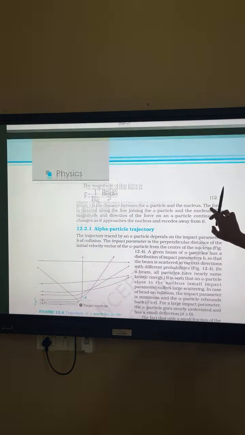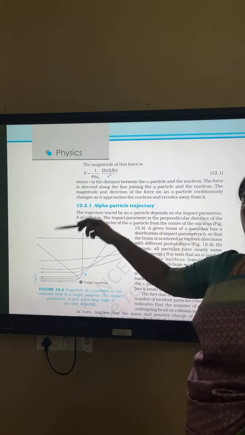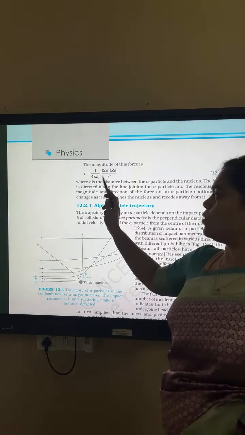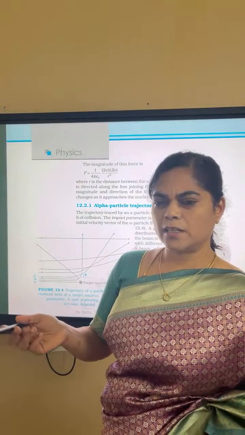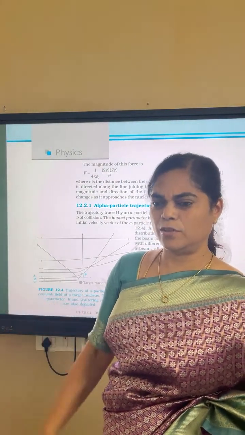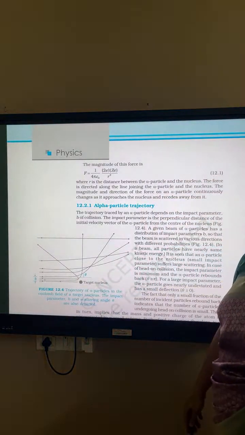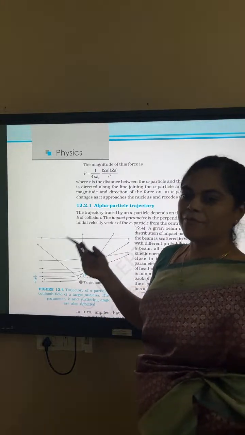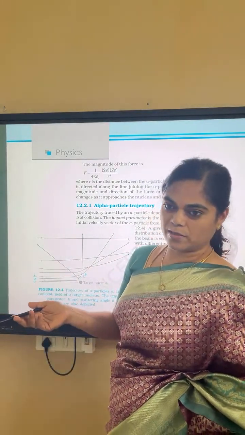What is the magnitude of this force? F is equal to, instead of K, 1 by 4 pi epsilon naught, what are Q1 and Q2? Q1 is the helium particle, and Q2 again is Z. Z can be 79, you can replace it. So 2E into Z. For example, instead of gold, silver can also be used.